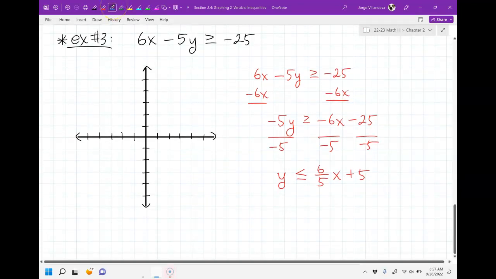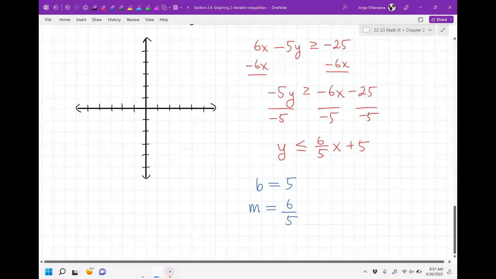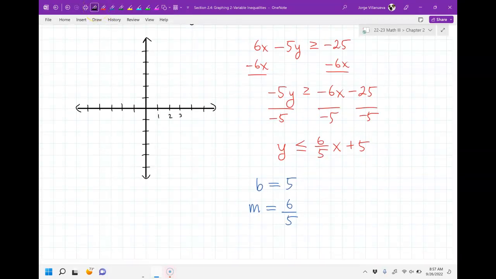So now that we see our equation, where do I begin? At 5, thank you. Where do I move? 6, and over 5. 6/5, right? Now look at my graph. 1, 2, 3, 4, 5.